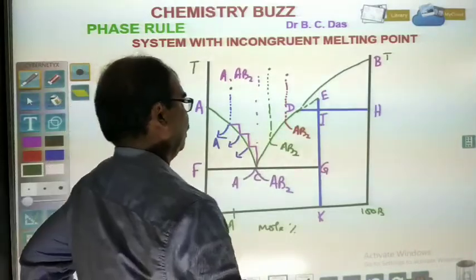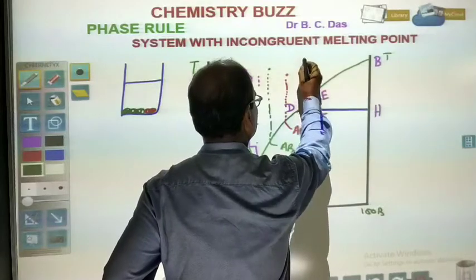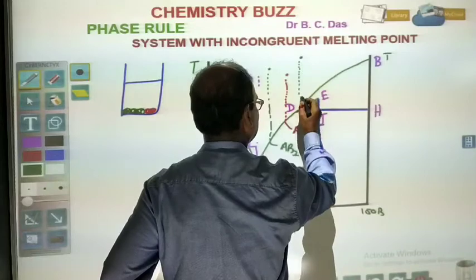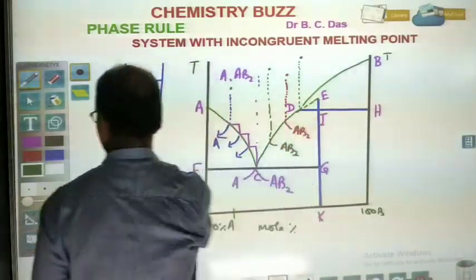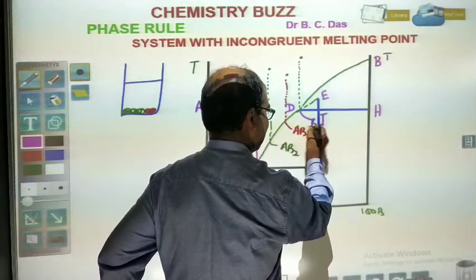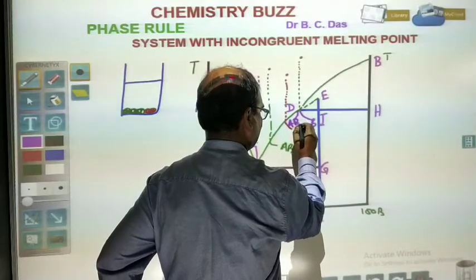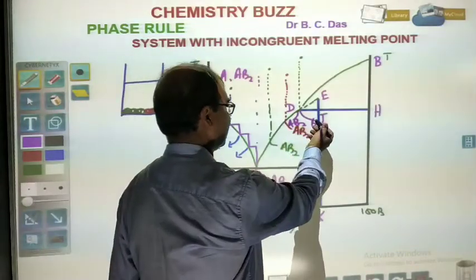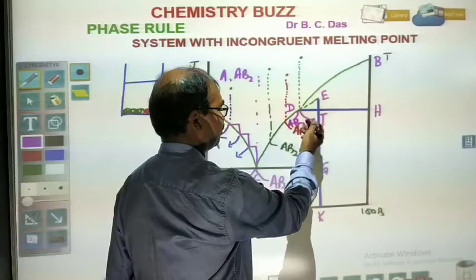But if you take this composition in the melt, here you will find the separation of B in addition to AB2, and this is called the incongruent melting point.